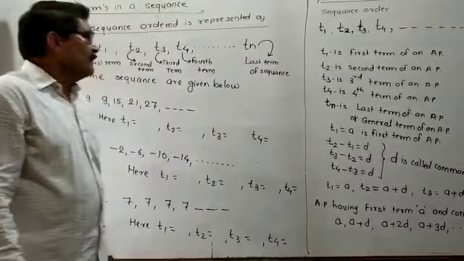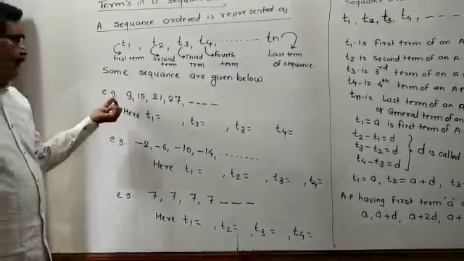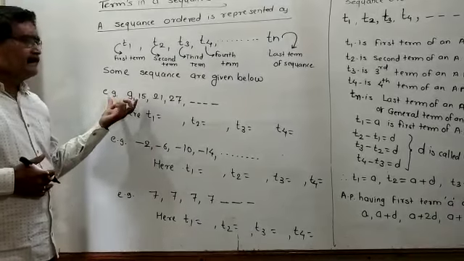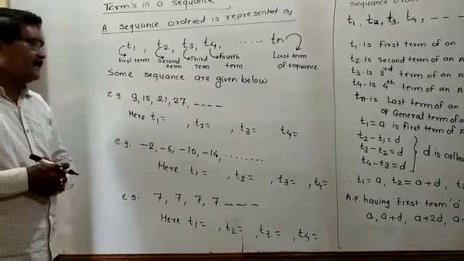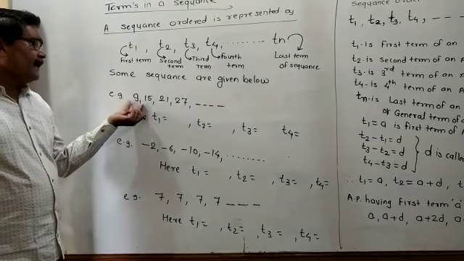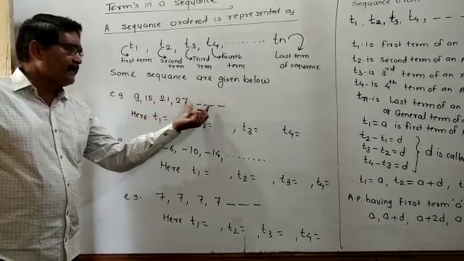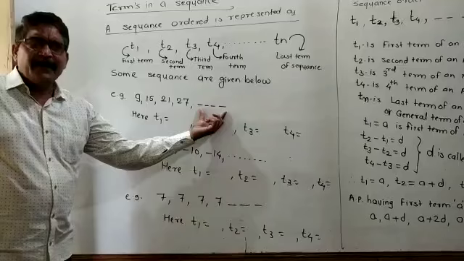Here some sequences are given below, and you have to identify which one is the first term, second term, third term, and fourth term. Observe this sequence: 9, 15, 21, 27, dash. The dash means it is an infinite sequence.